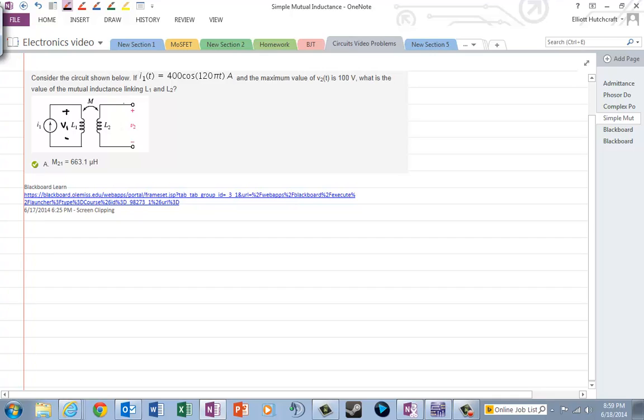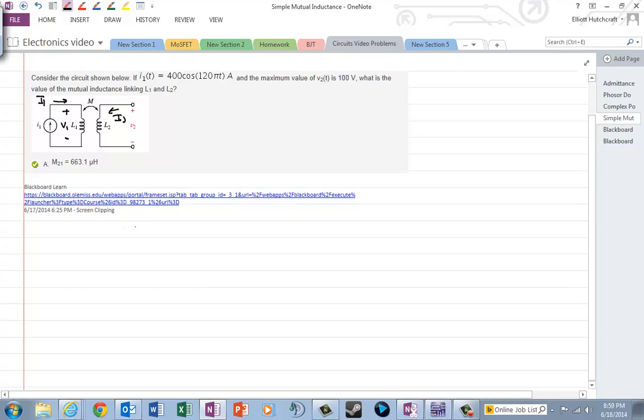And typically if the dots were at the top, we'd want to label the currents going into the dot, so I2 and I1.